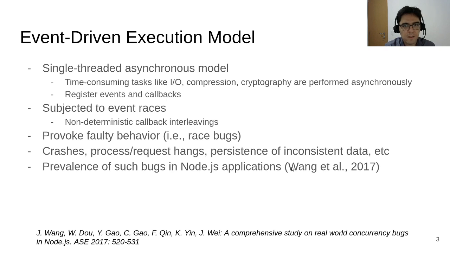Such interleavings may provoke faulty behavior, or a race bug. So the system can crash, a process or request can hang, and it's possible to persist inconsistent data and so on. Such bugs are prevalent in Node.js applications, as has been investigated in the literature.